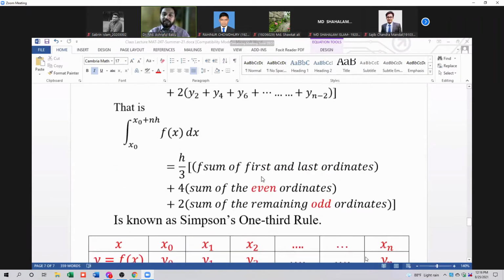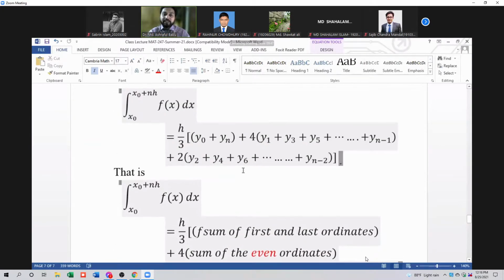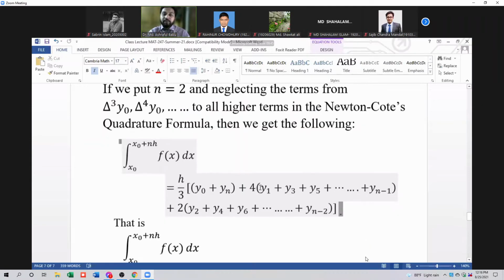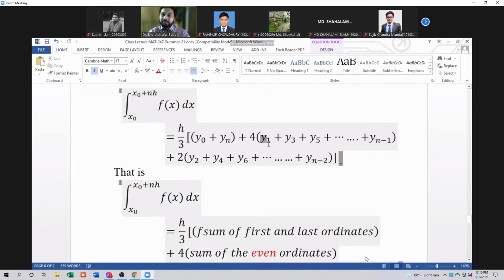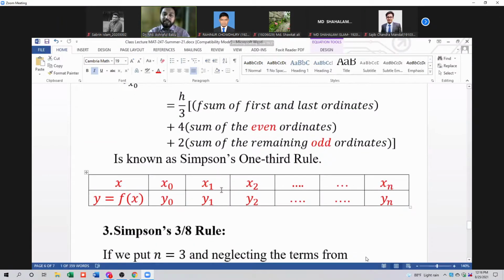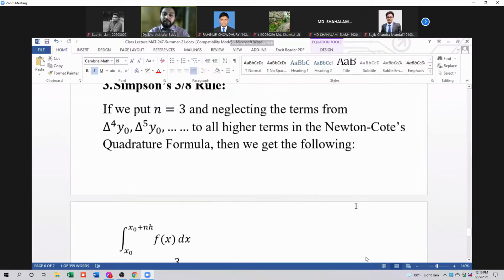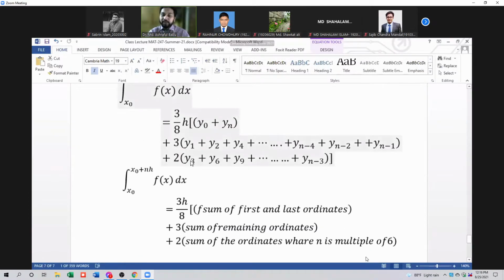Like that we say even means even position. So in the sense of the 1/3 rule, even means actually even position, not the subscript position. But in Simpson 3/8 rule, that n is a multiple of 3, not the position; it is the subscript.